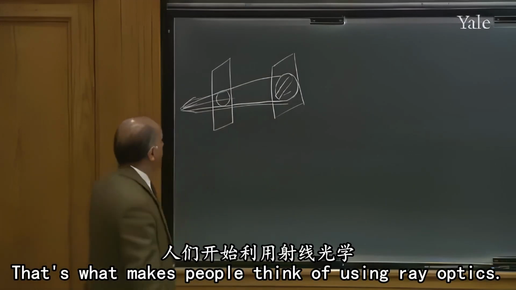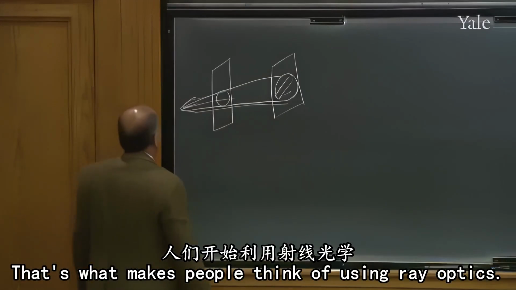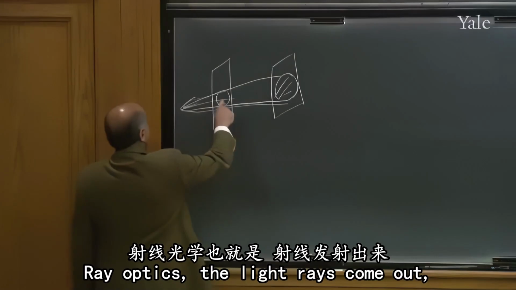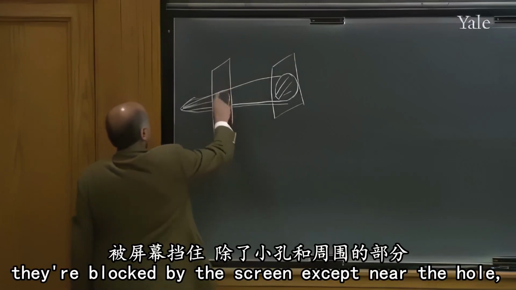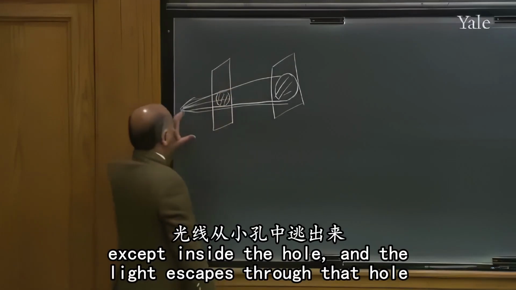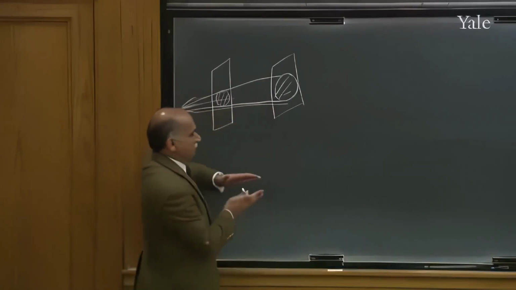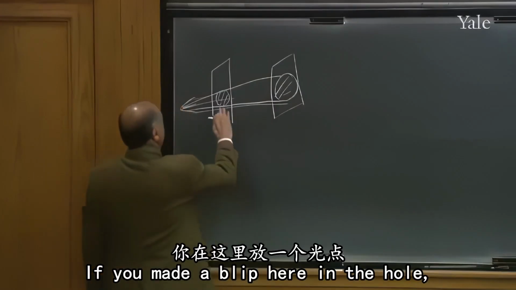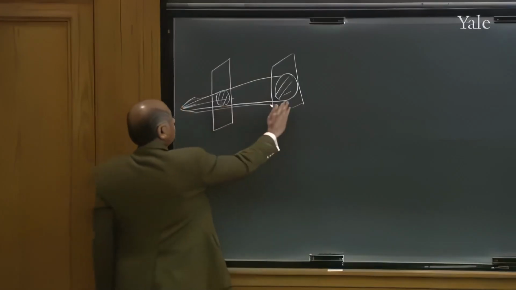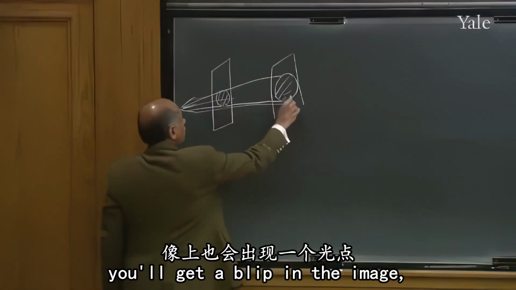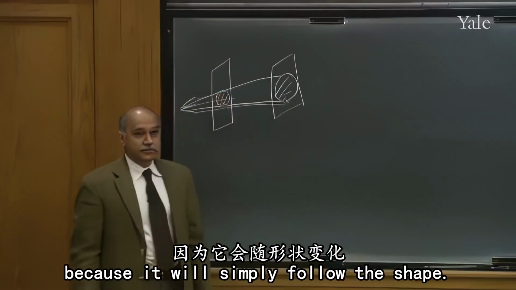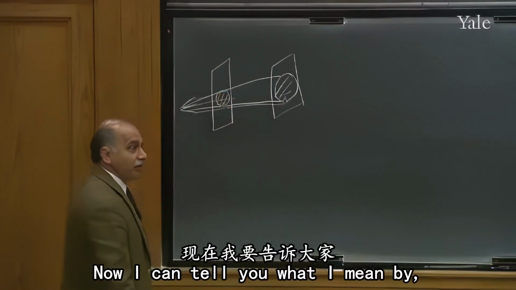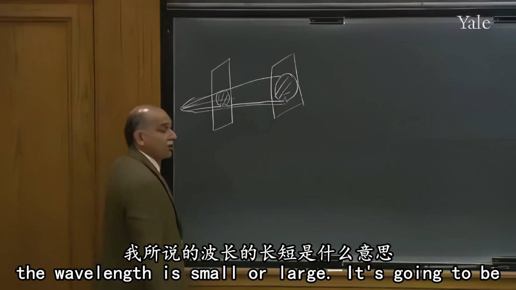That's what makes people think of using ray optics. In ray optics, the light rays come out, they're blocked by the screen except inside the hole, and the light escapes through that hole and fans out and forms an image of the same shape. If you made a blip here in the hole, you'll get a blip in the image because it'll simply follow this shape. Now I can tell you what I mean by the wavelength is small or large.